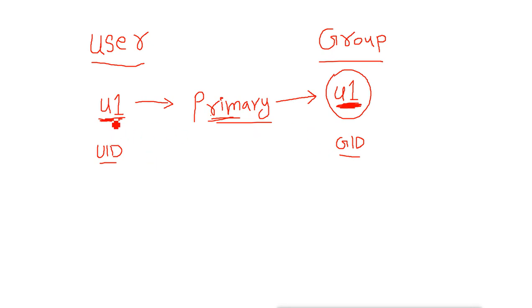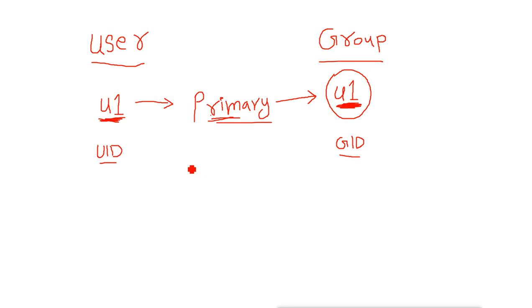So user 1 has a unique user ID, user 2 will get another ID, group 1 will get a GID, and group 2 will get another GID. The system will understand by this UID and GID which group or which user it is. So every user and group gets a unique UID and GID.